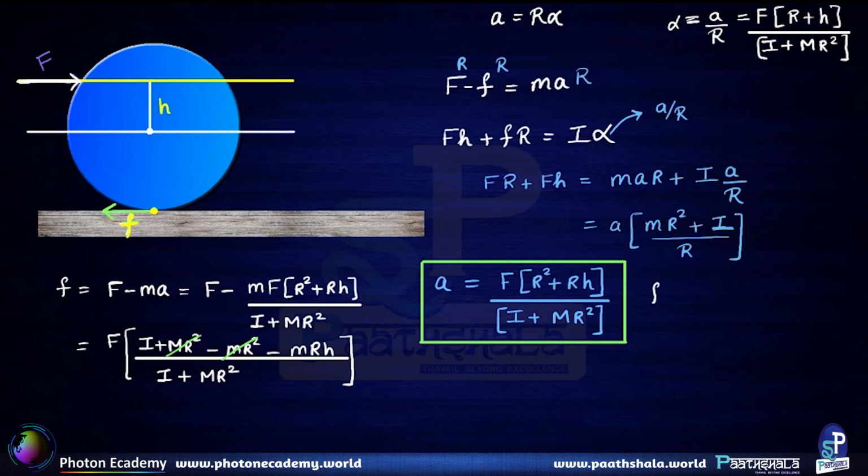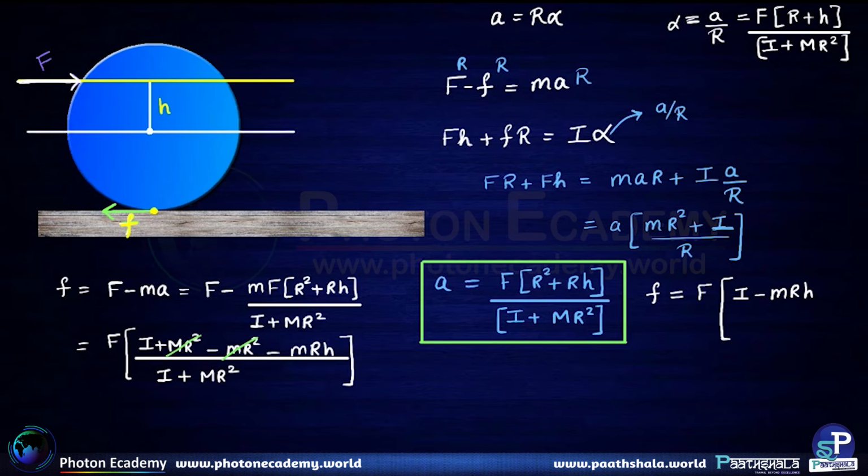The force of friction f is going to be equal to capital F into bracket (I minus mrh) upon (I plus mr square).